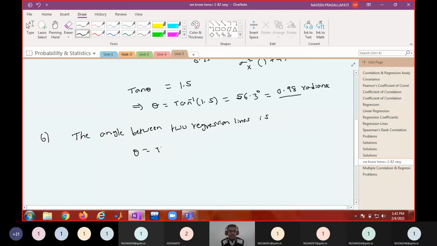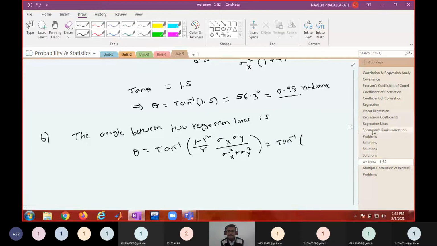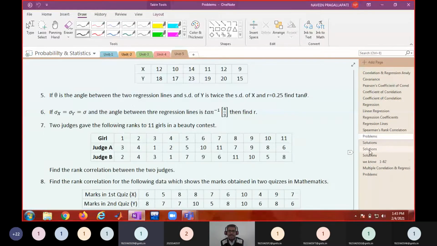Theta equals tan inverse of (1 minus r square by r) into (sigma x into sigma y by sigma x square plus sigma y square), equal to tan inverse 4 by 3. Yes.